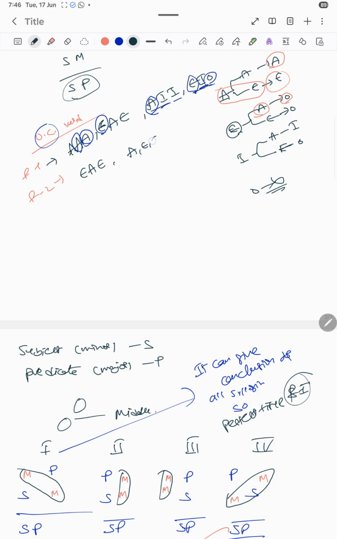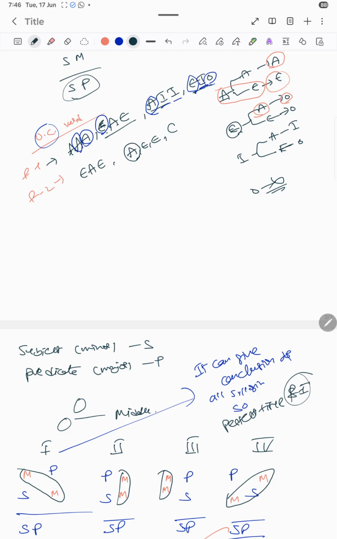A, E means I am just writing this ulta. Instead of A, I have E, and instead of E, I have A. Conclusions will remain the same. So A is mapped with E, you get E. Once again, that is there.